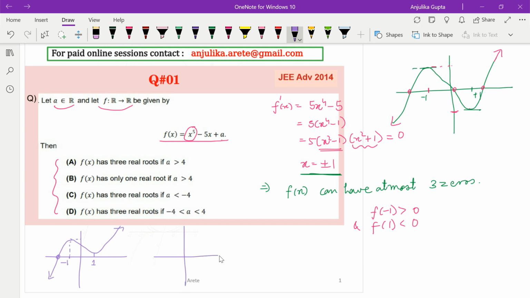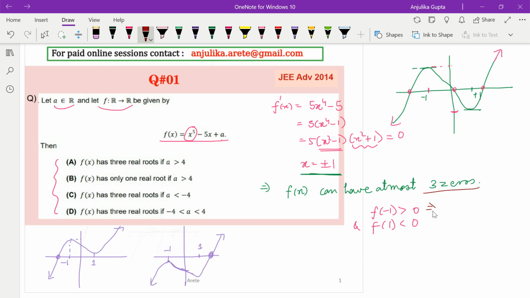Similar is the case if you have both negative; we are still having only 1 zero. So it is imperative that this is positive and this is negative to get 3 zeros.